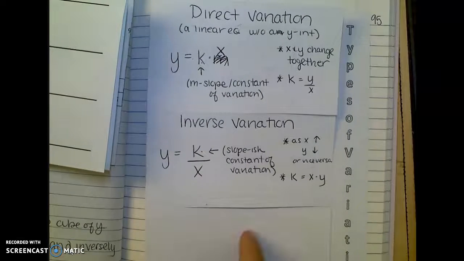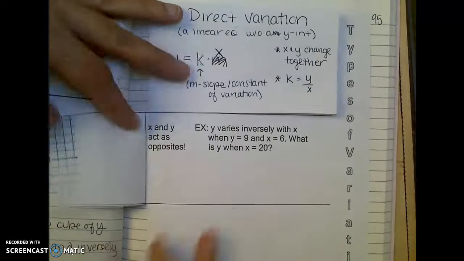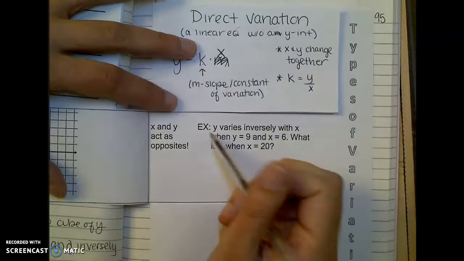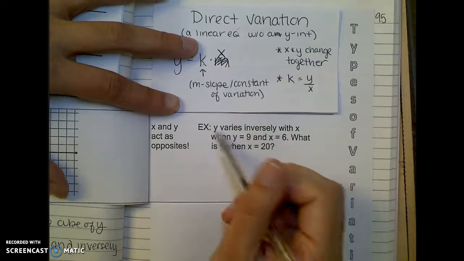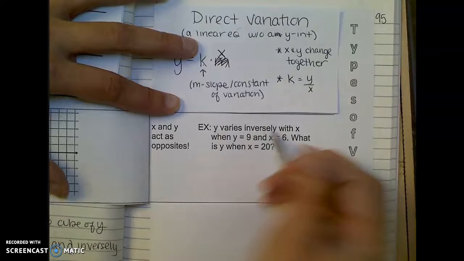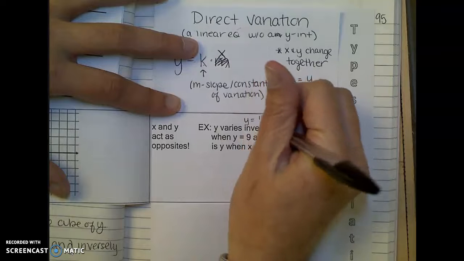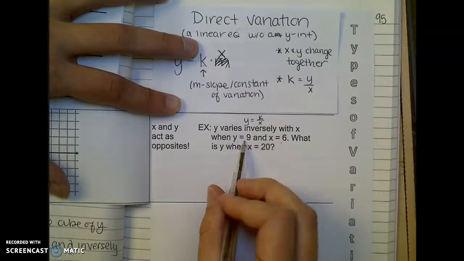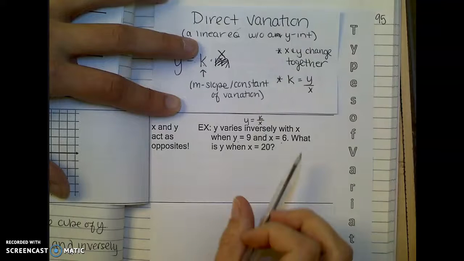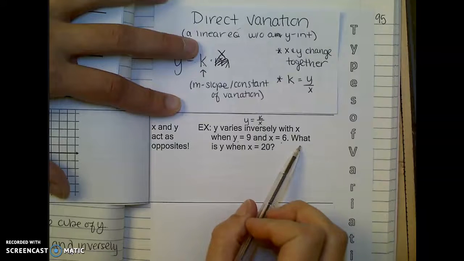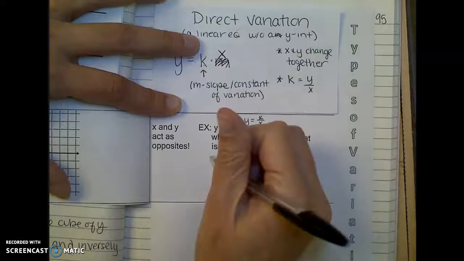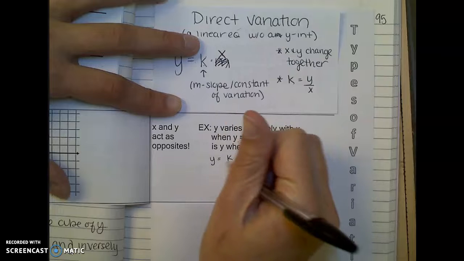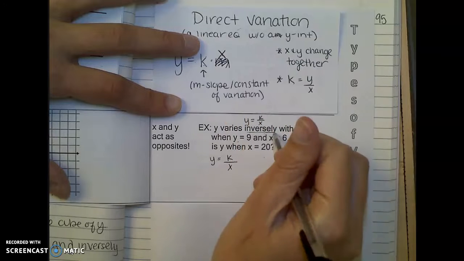Okay. So, for example, this is just telling me my equation is going to be inverse. So y varies inversely. It must look like y equals k over x. These two values allow me to find that k value for my equation, and then I can find more values once I have an equation. So we start with y equals k over x since we are inversely.